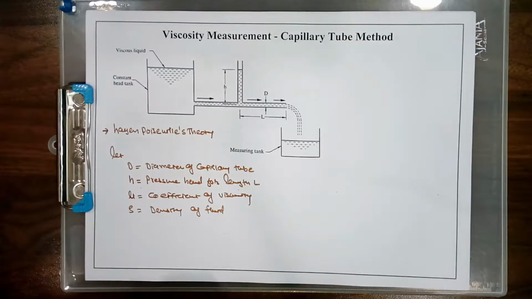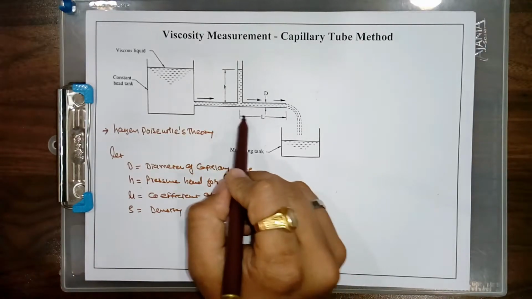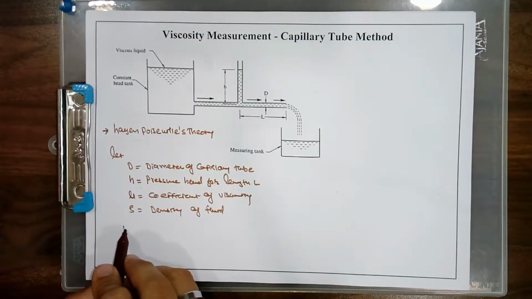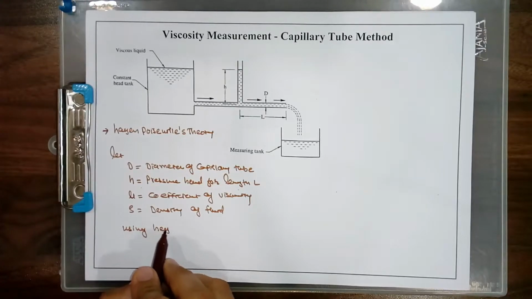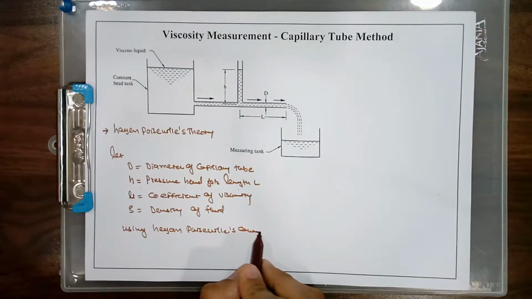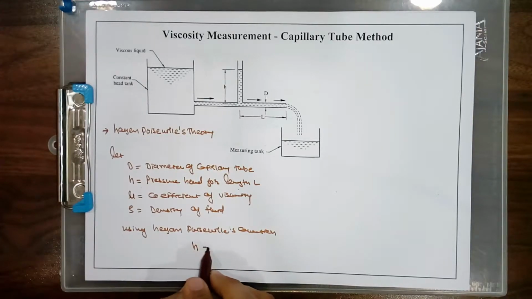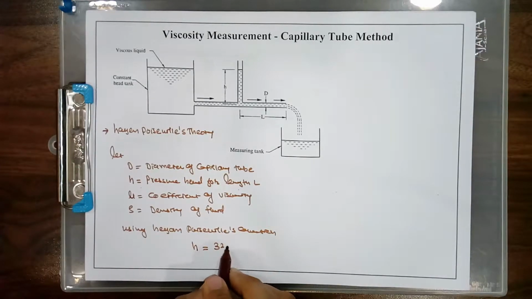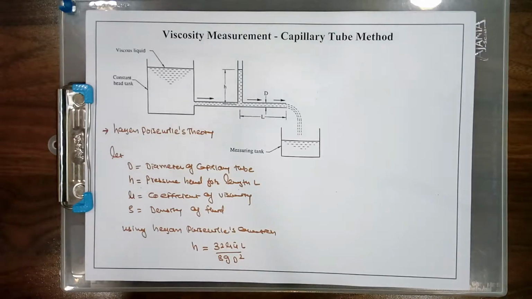Now students, we apply the Hagen-Poiseuille's law to calculate the head loss in the length of L. H equals 32 mu u_avg L upon rho g into d to the power 2.